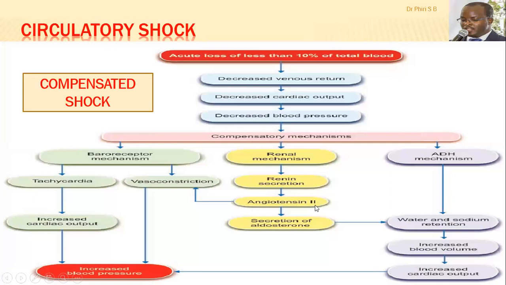At the same time, this compensatory mechanism will also result in more production of ADH. Angiotensin 2 can also stimulate the posterior pituitary gland to release more ADH, and this ADH is also called vasopressin. It will cause vasoconstriction, and at the same time, it will go to the kidneys to stimulate the production and translocation of aquaporins 2.